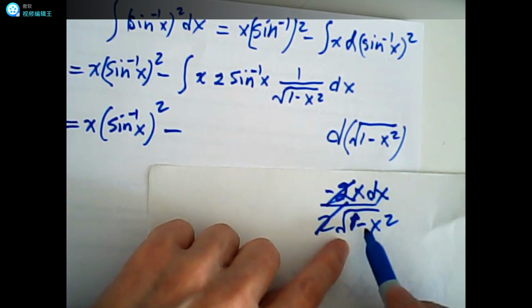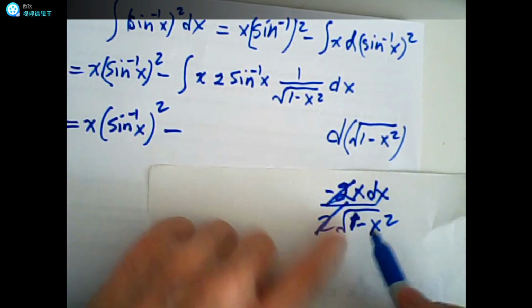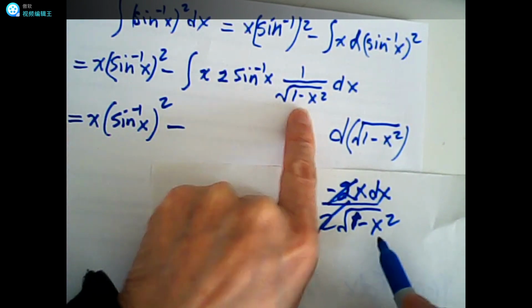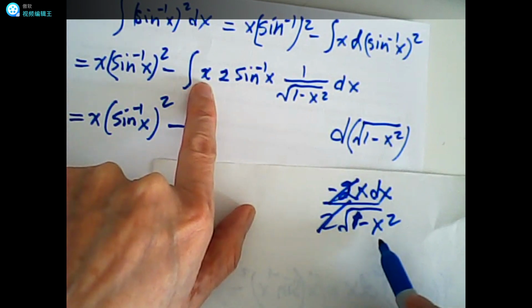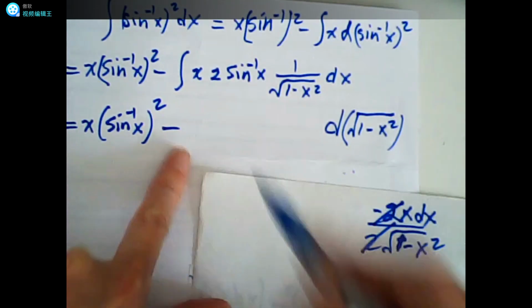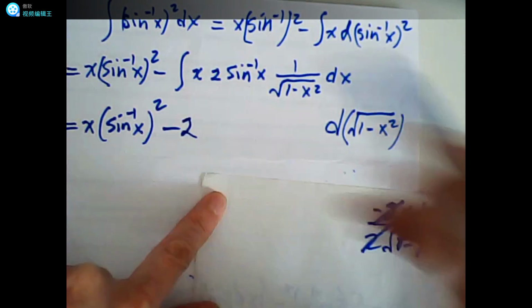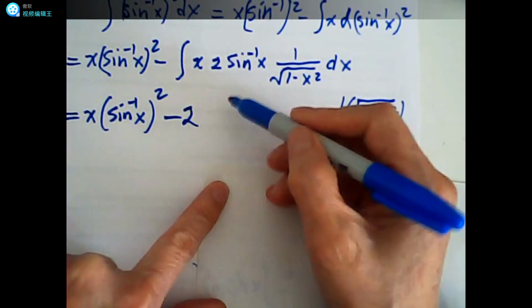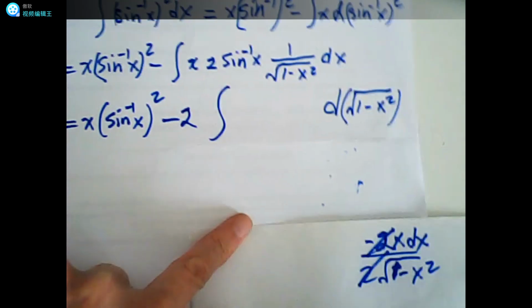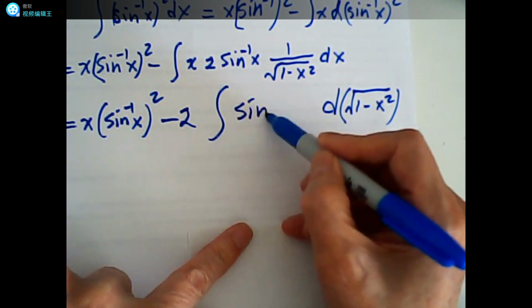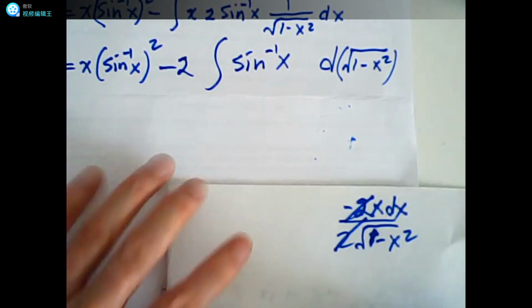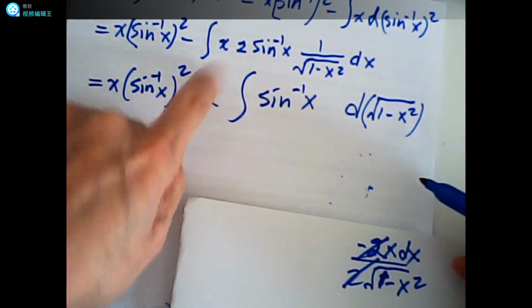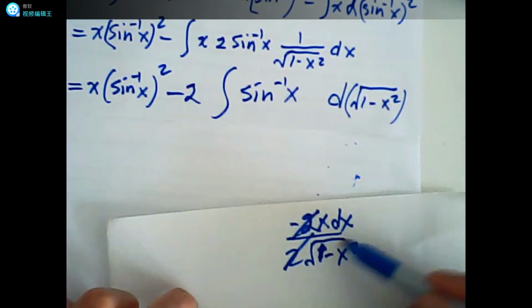I do have 1 over the square root, and I do have x. So I leave 2 out. The integral of arcsine x, 2 is here, x over this becomes this.